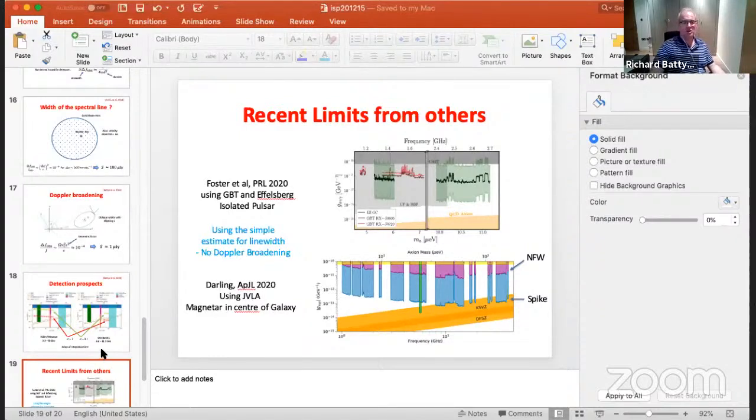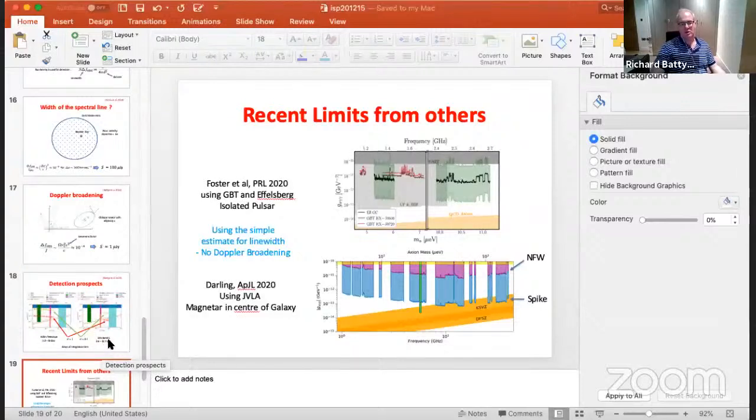So it's a trade-off between distance, which you often know, and the magnetic fields that they measure from the pulsars. They can actually establish an estimate for the magnetic fields.